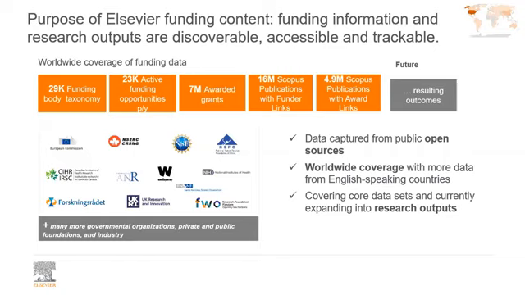So first of all, it's about the funders. Elsevier creates and maintains a funder taxonomy of about 29,000 funders worldwide. And actually we share this taxonomy with Crossref. By sharing it with Crossref, we are helping researchers to link their publications with their funders.